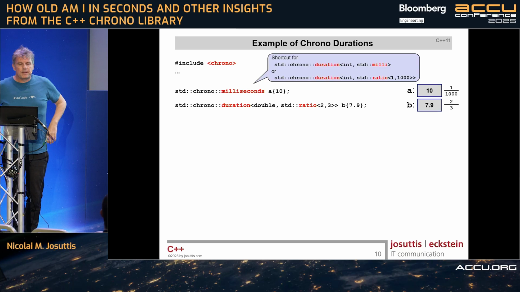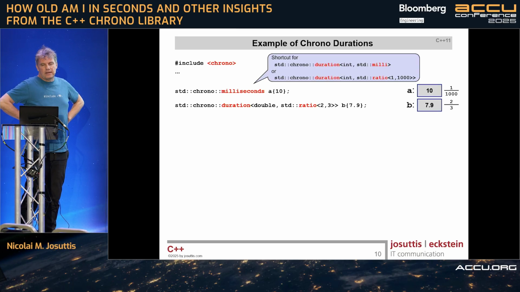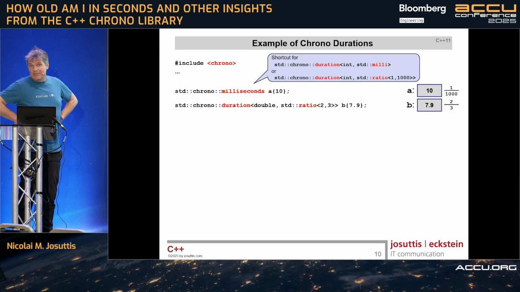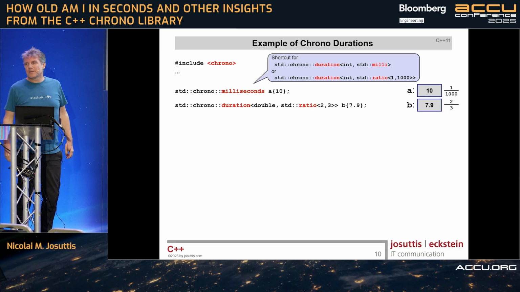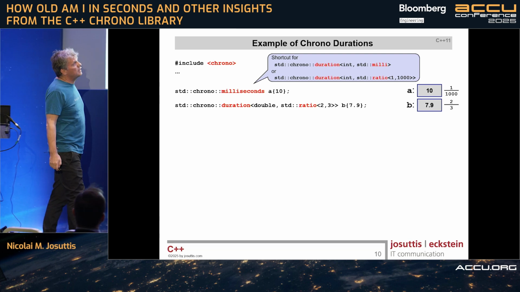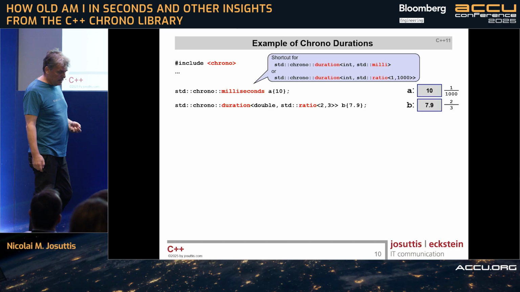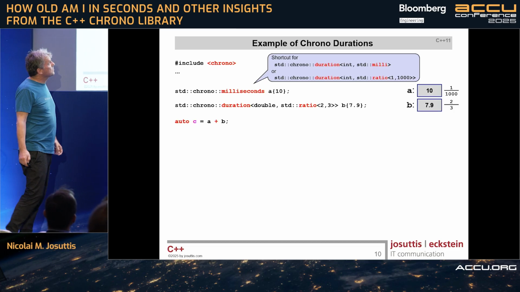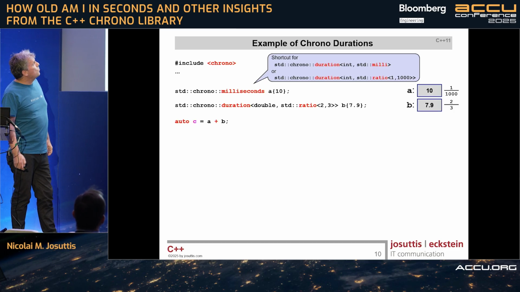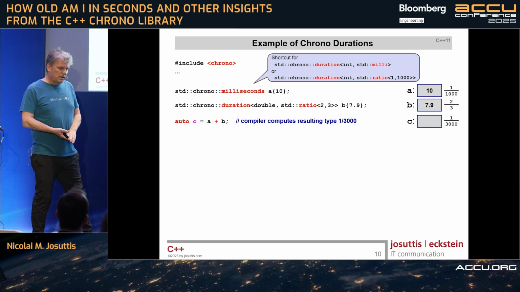And then we can have another duration, and that's 7.9, the value is 7.9, 2/3 of a second. And that's possible because every fraction, every ratio is possible as long as numerator and denominator are ints and inside int max. So again, we compute plus, but here the compiler has to do something more interesting.